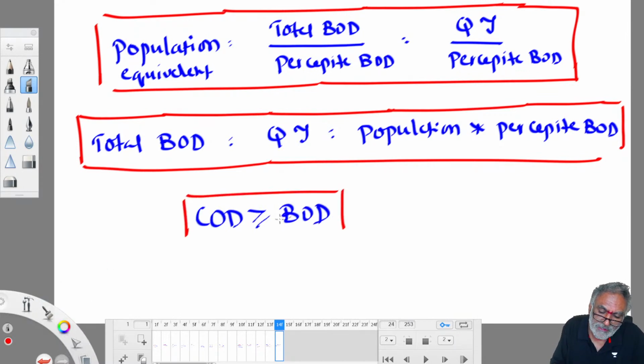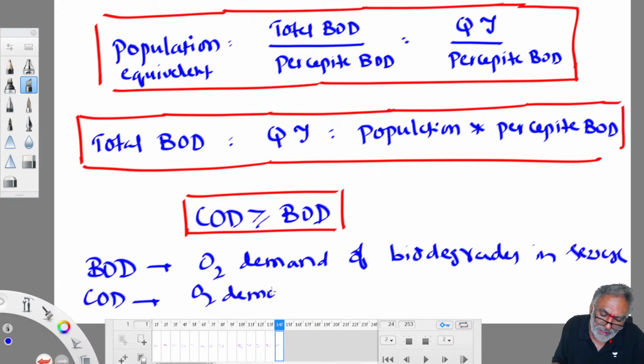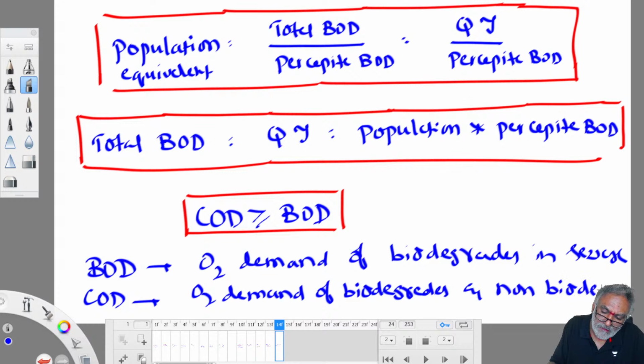BOD represents only the oxygen demand of biodegradable organic matter in sewage, whereas COD represents the oxygen demand of both biodegradable and non-biodegradable matter in sewage.